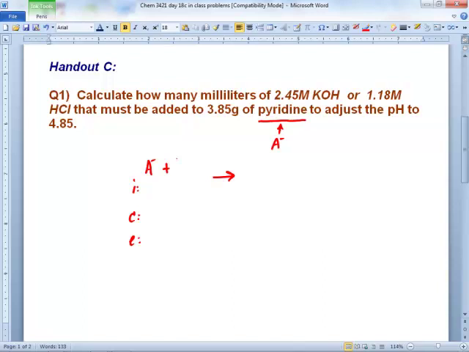Not that reaction. We want to write a reaction with this one, with the HCl. And the reason why we have to write that reaction is look at the question. It's always like this. How many milliliters of this stuff? Well, that has to be a reactant, one of those guys. It's going to be like that every time.